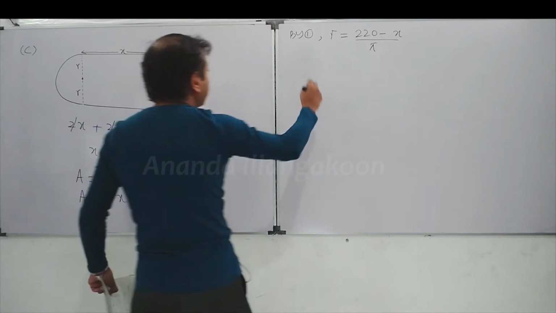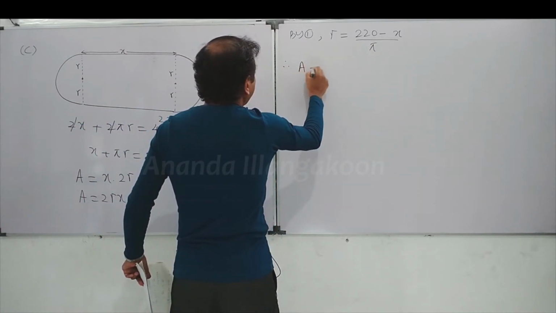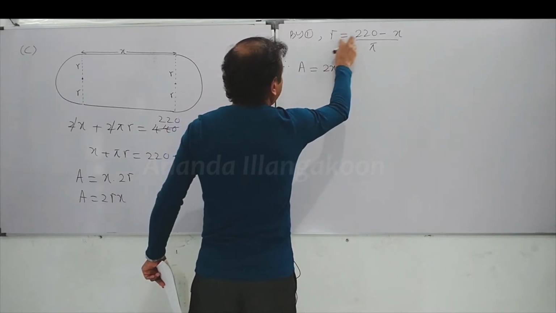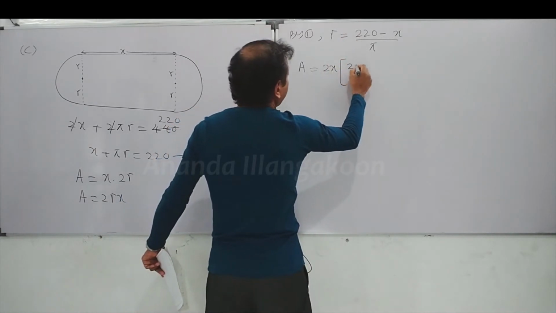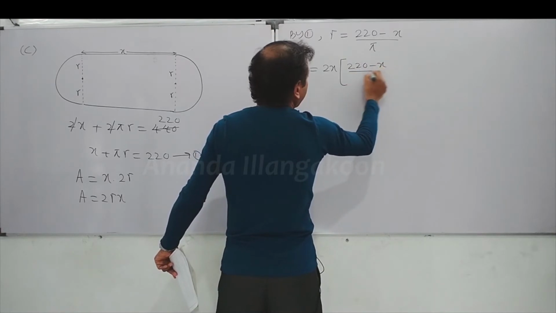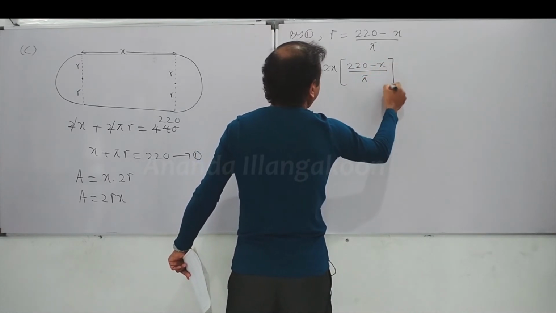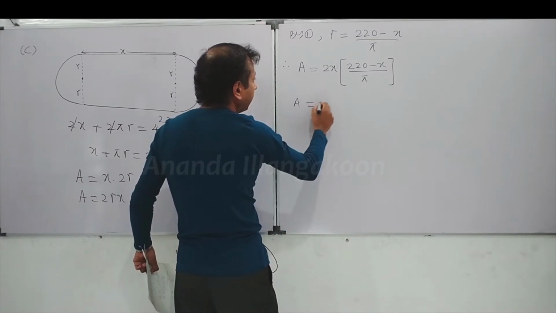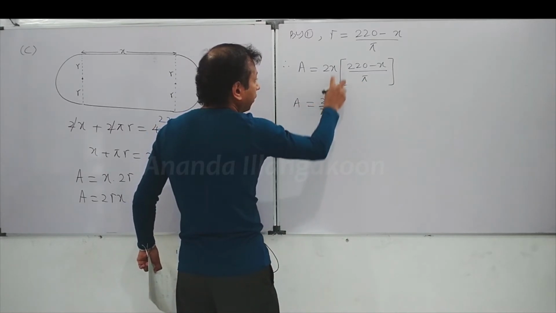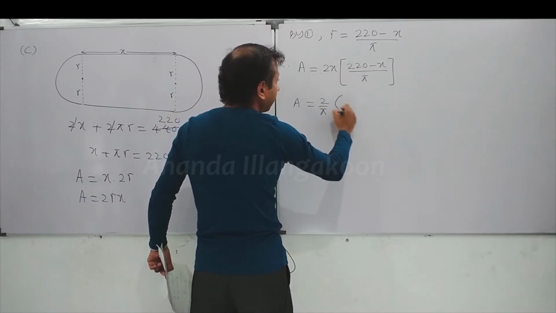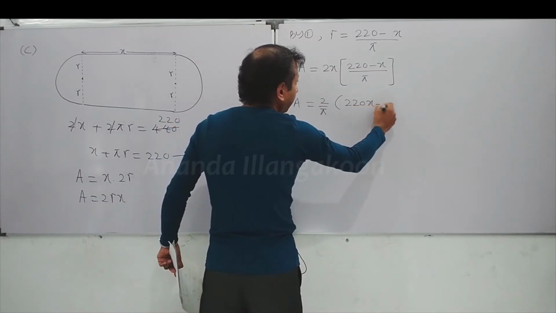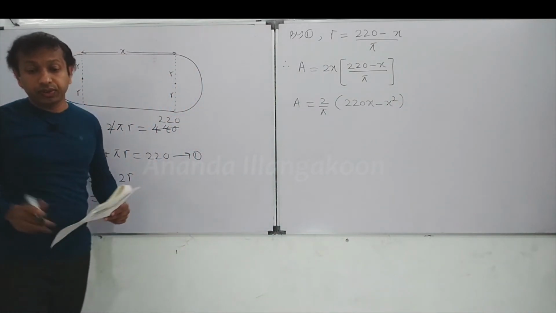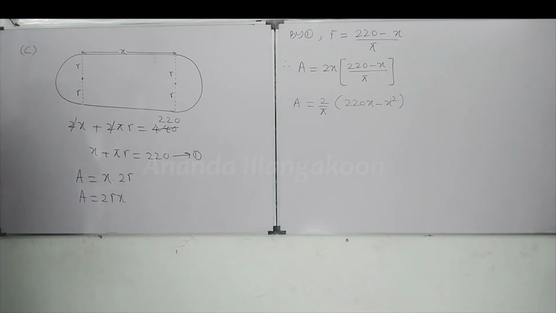Then we get A equals 2 times x times (220 minus x) divided by pi. Then I can take this pi out, and then 2 upon pi, with x inside, we get (220x minus x squared) as the area of the football field.